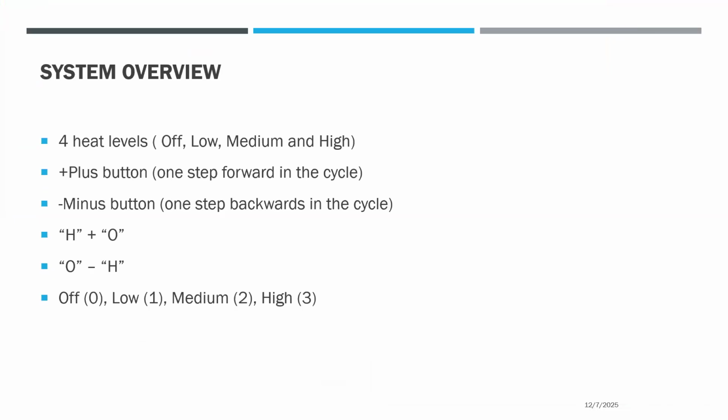I'll first explain how the stove system works. The stove has 4 heat levels: off, low, medium, and high, and then back to off. Pressing the plus button moves the plate one step forward in the cycle, while the minus button moves it one step backward.